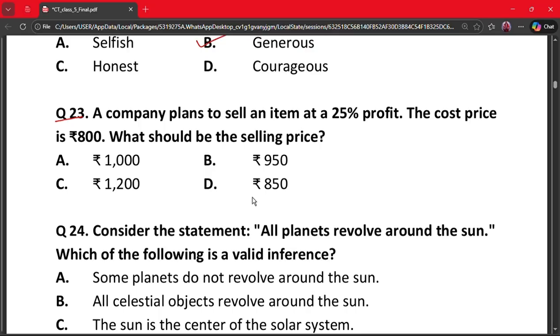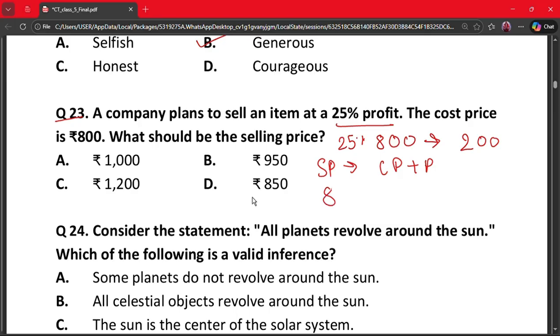So profit is 25%, that is given, and the cost price is 800. So 25% of 800 gives us 200. Why? Because 25 divided by 100 whole into 800 gives us 200. And selling price, that is SP, is cost price plus profit.